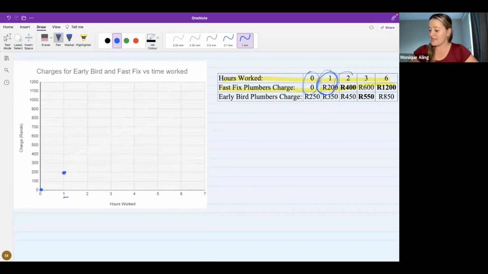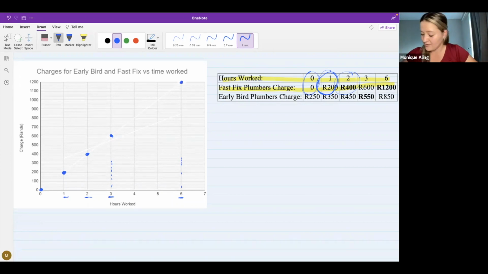Then the next point is 2 hours. So we find 2 hours on the graph and see where it lines up with 400. Okay, we do the same with 3 hours. We follow the line until we get to 600. And then we jump all the way to 6 hours, follow the line up until 1,200, which is right at the top.